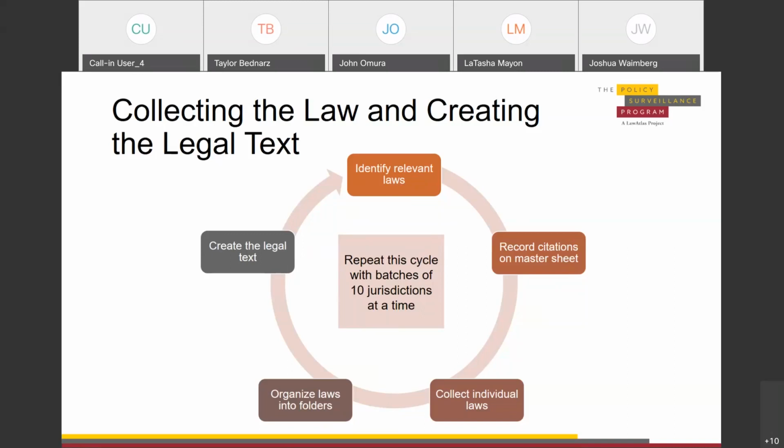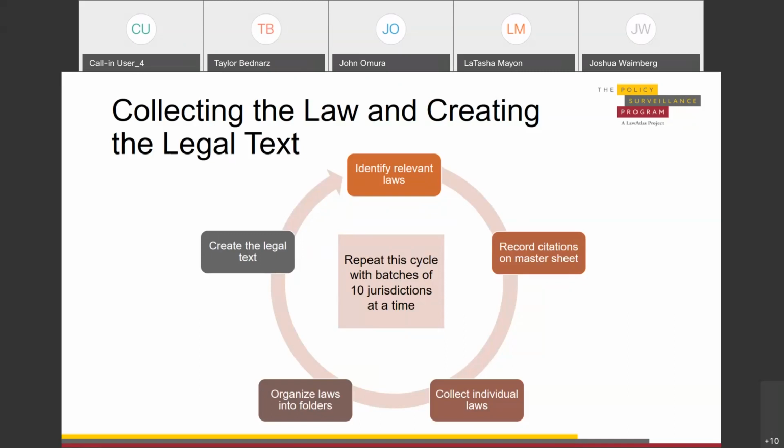Doing it in this way simplifies quality control because issues with the project that we find throughout the collecting the law and creating the legal text process can be addressed early on before they affect too many jurisdictions. This allows us to collect the law more efficiently in the later jurisdictions in the project.